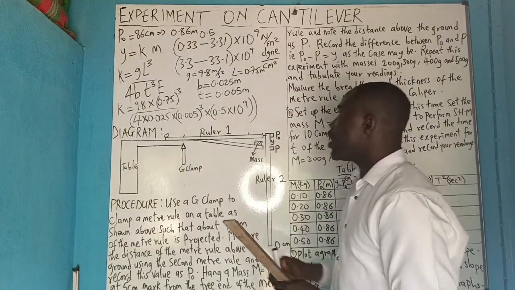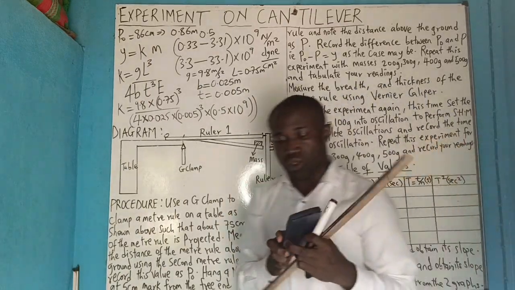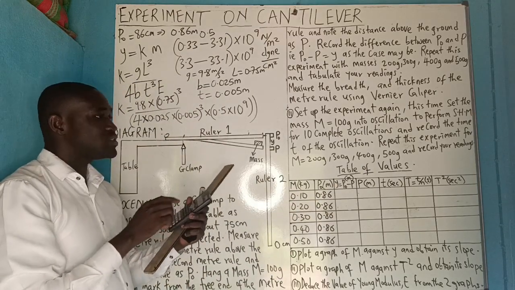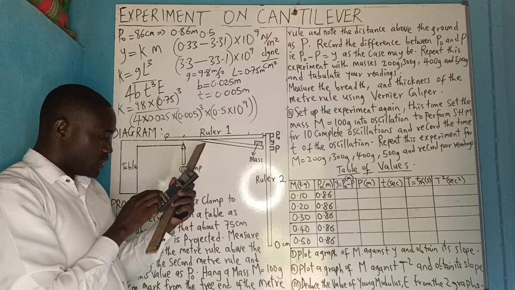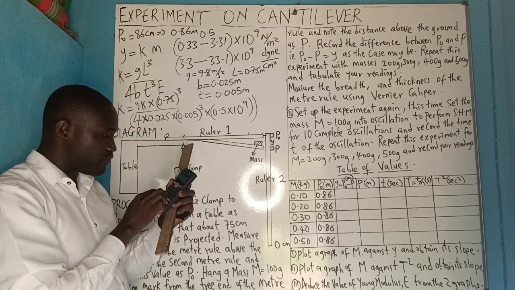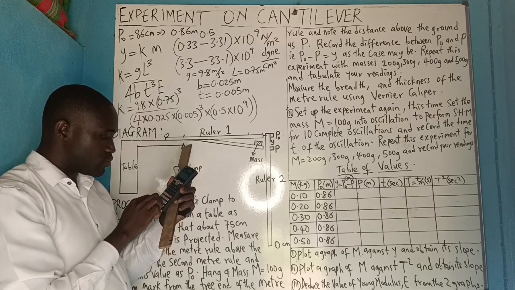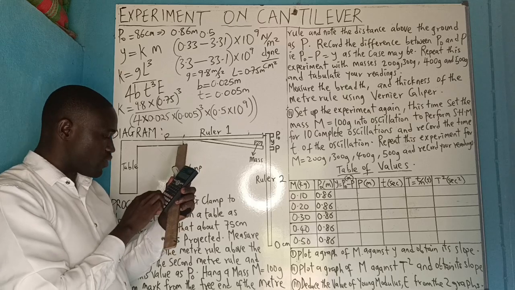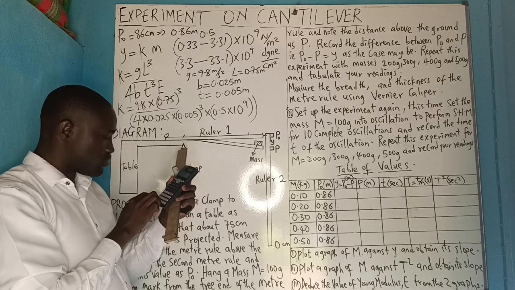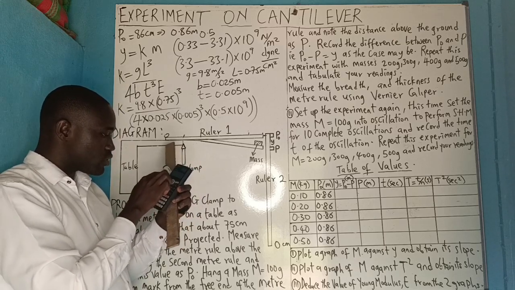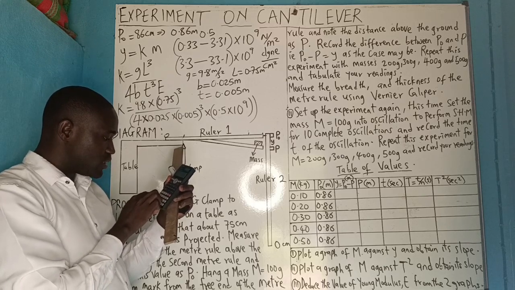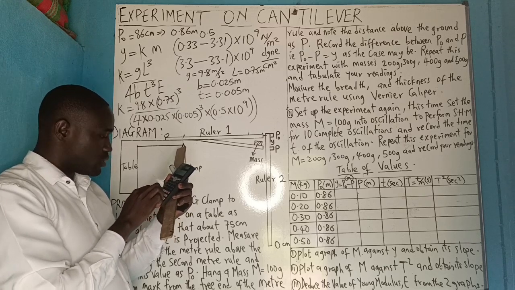Okay. So what you now do is that you use your calculator and start packaging all you have here. You start to tell them that 9.8 times 0.75 cube divided by bracket 4 times 0.025 times 0.005 cube times 0.5 times 10 raised to the power of 9.